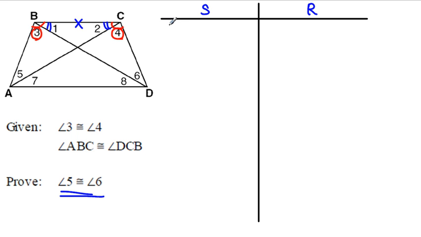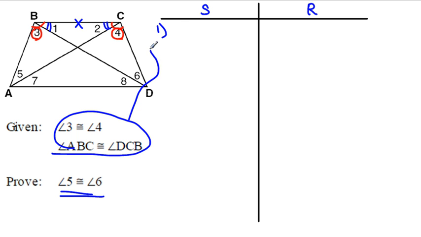Statement and the reason here. First, we're going to bring all these things together up here, and the reasoning will be the given. Number 2. Then by the givens, another thing which we realized was angle 1 was congruent to angle 2, which was the subtraction postulate.